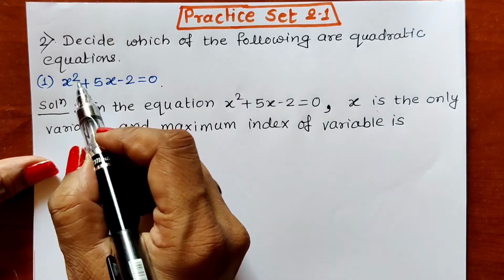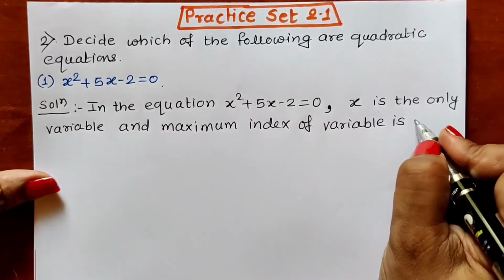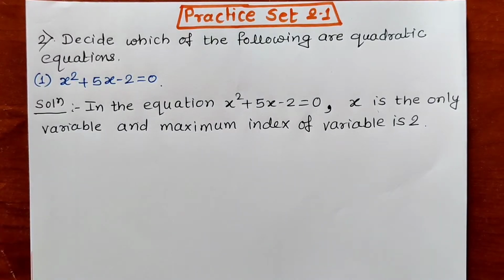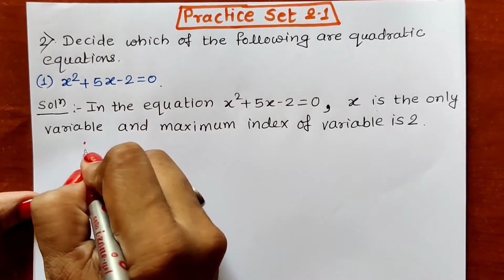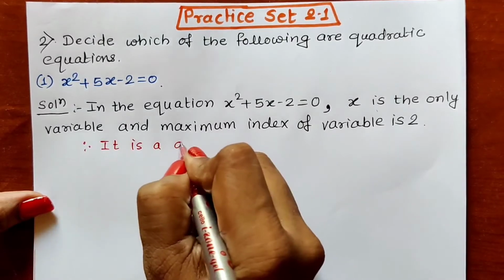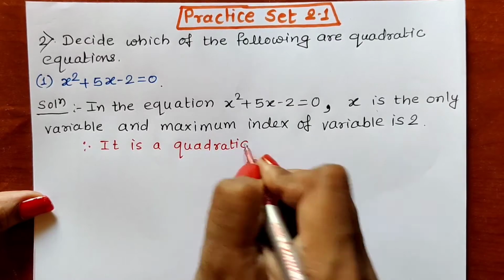We can see maximum index is 2, no other number which is bigger than 2, so maximum is 2, and therefore it is a quadratic equation. In this way, in 2 sentences we have to write the solution.